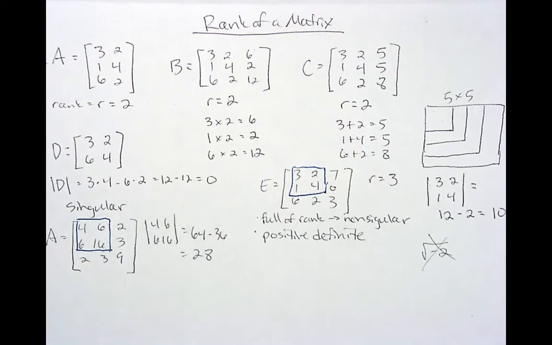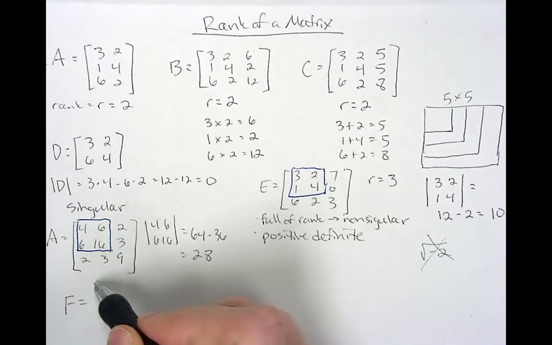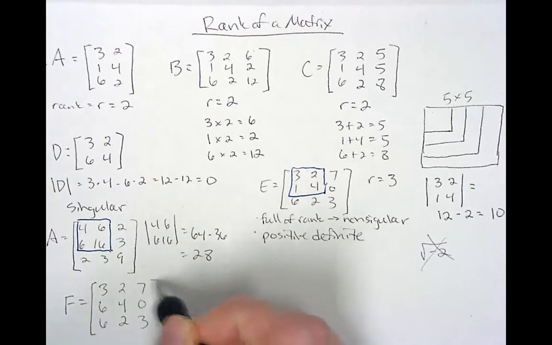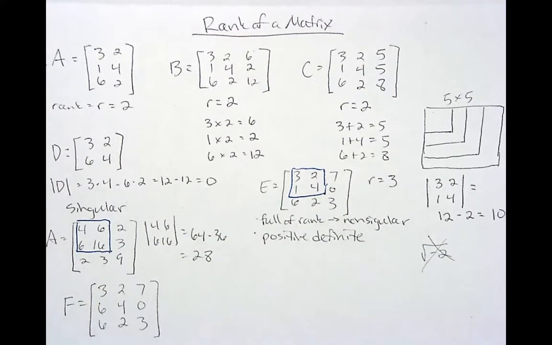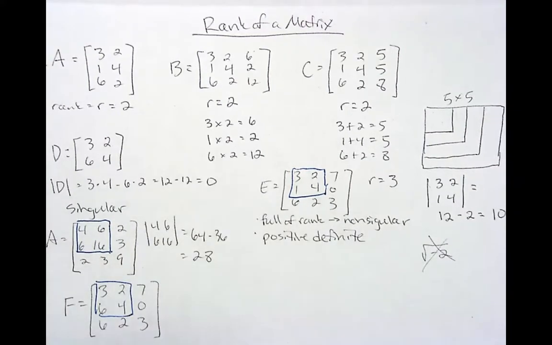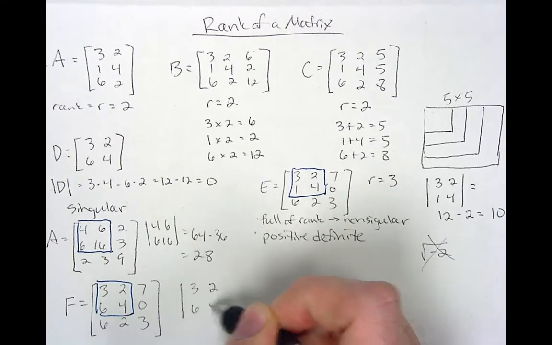So lastly, let's take a matrix F, and let's give it the values 3, 6, 6, 2, 4, 2, going down, 7, 0, 3. So we're going to take the upper left submatrix, and let's find the determinant, 3, 2, 6, 4.